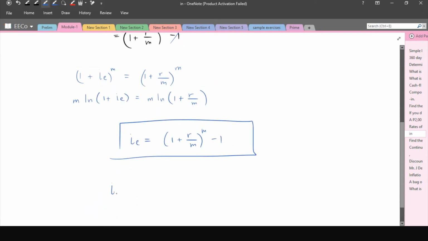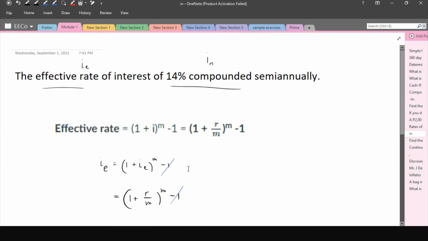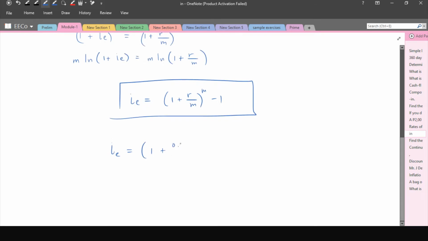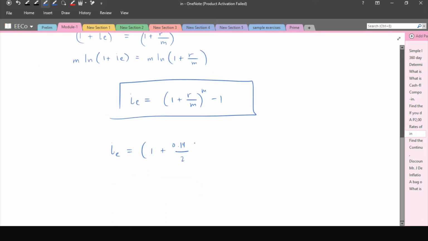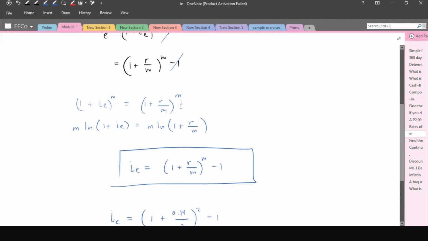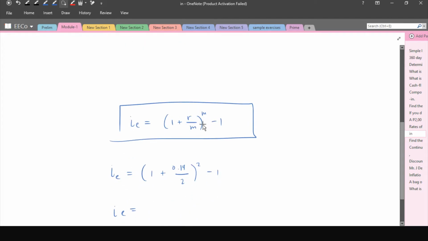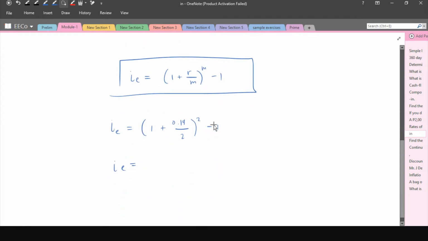So, effective interest rate, 1 plus R, that is 14%, 0.14, divided by M, ilan? Compounded semi-annually, 2 beses ang taon, raised to 2 minus 1. So, IE is equal to, kung paano ma-solve yung given effective rate, hahanapin mo yung rate of interest nominal.